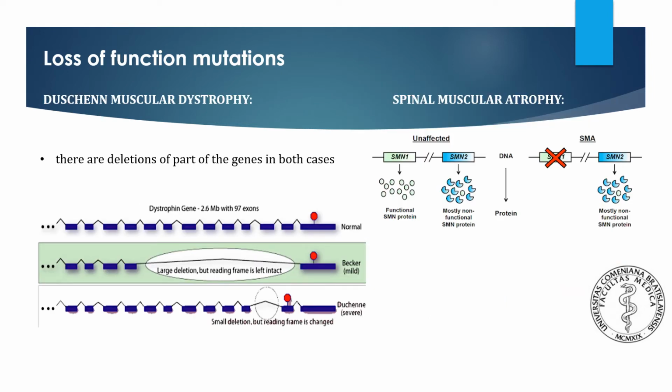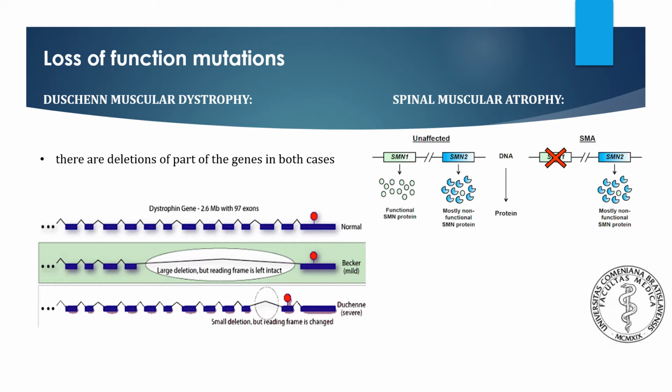Another 2 famous, or rather infamous, examples are Duchenne muscular dystrophy and spinal muscular atrophy. When we look at Duchenne muscular dystrophy, it is basically an X-linked recessive disease, which also means it primarily affects boys because they need to have just 1 damaged copy to fully develop the disease.